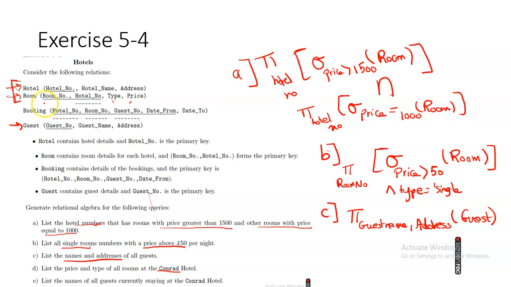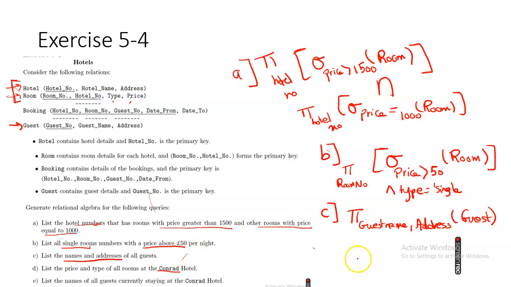One of the options is a Cartesian product and the other one is the conditional join, as we mentioned before. Which rows am I interested in extracting? I want to get the rows only where the hotel number here is equal to the hotel number there, and the name of the hotel equals Conrad. These are the rows that I'm interested in extracting after a Cartesian product.